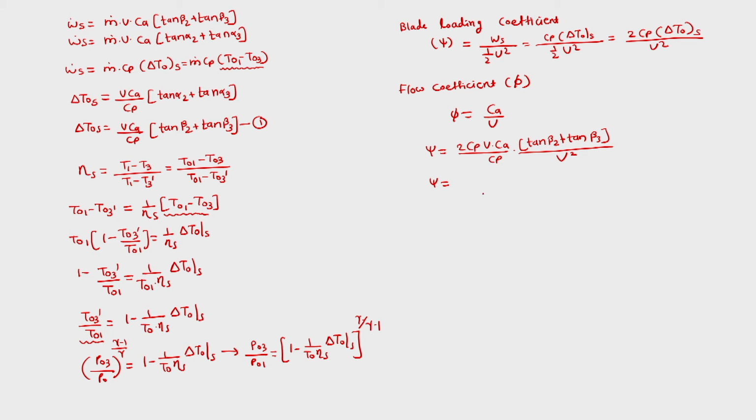Cp would cancel, and then we can define psi in terms of phi, where we get psi equal to 2 into Ca by u, which is phi, into tan of beta 2 plus tan of beta 3. So this is the relation between psi, which is the blade loading coefficient, and phi.